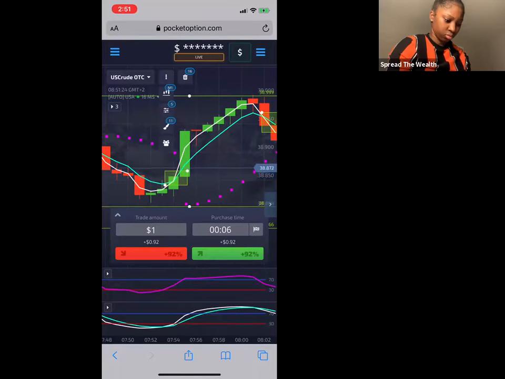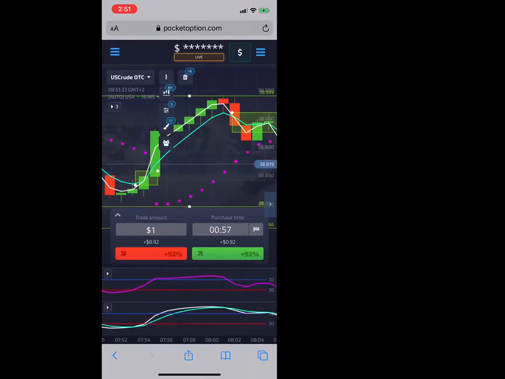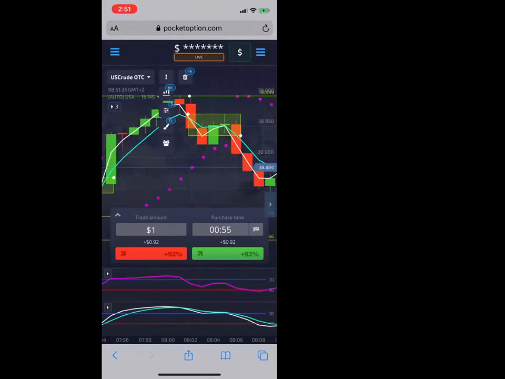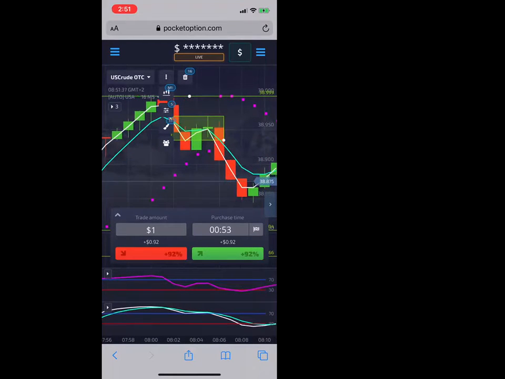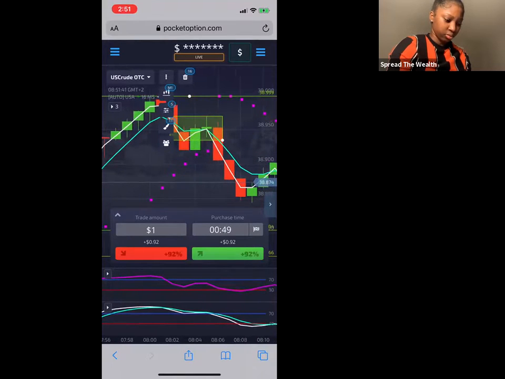So in other words, when the white line crosses above the blue line, you're looking for a buy. Or you can say when the white line is above the blue line, you're looking for a buy. White above blue, buy. Blue above white, sell.